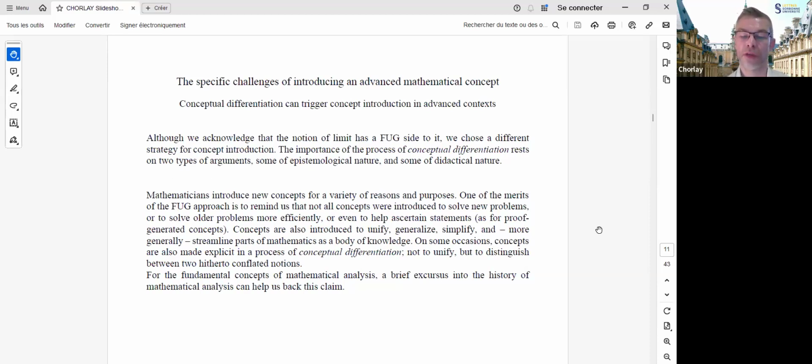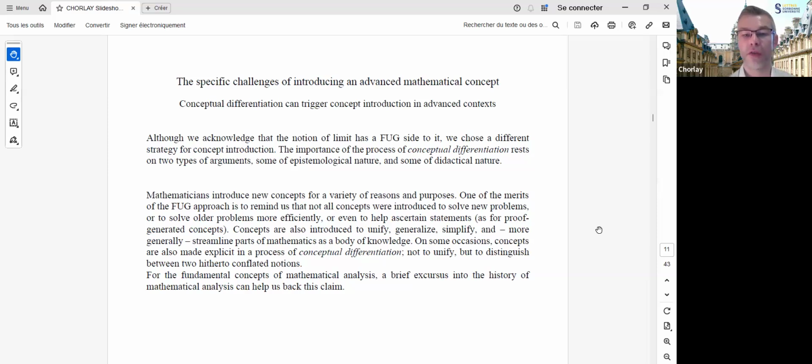The importance of the process of conceptual differentiation rests on two types of arguments, some of epistemological nature and some of didactical nature. Mathematicians introduce new concepts for a variety of reasons and purposes. One of the merits of the FUG approach is to remind us that not all concepts were introduced to solve new and specific problems, or to solve older problems more efficiently, or even to help ascertain statements, as for proof-generated concepts.